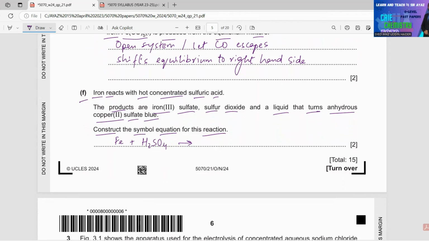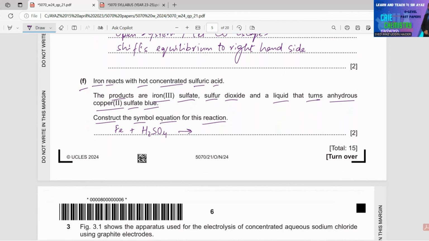What about the products? The products are iron(III) sulfate. Iron(III) sulfate means iron is carrying +3 valency or oxidation number. Sulfate is -2. Ignore the charges.